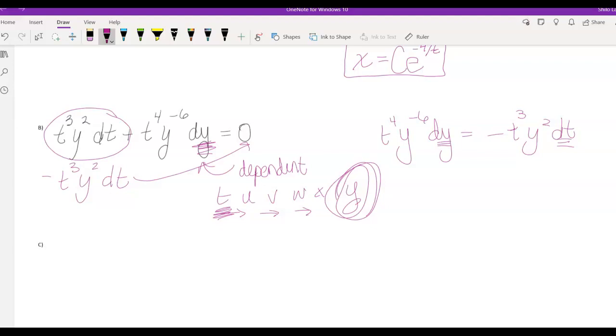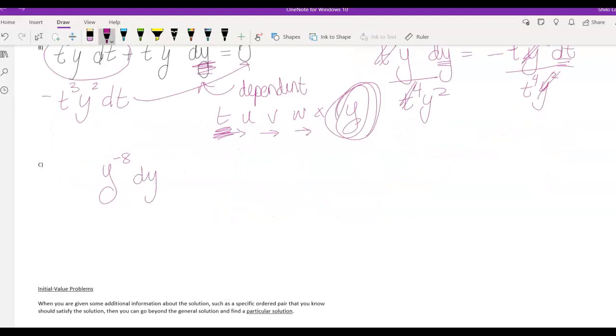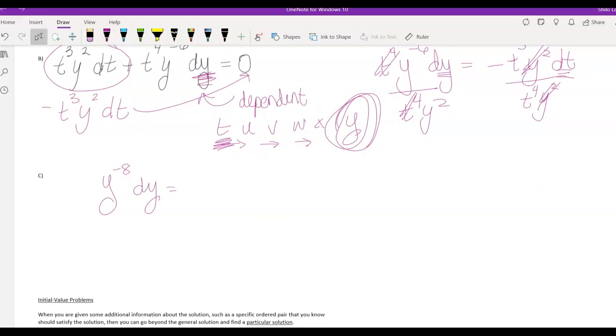That means I want all my y's on the left, so I'm going to divide both sides by t to the 4th and y squared. What we have now is y to the negative 8 dy is equal to negative 1 over t dt.